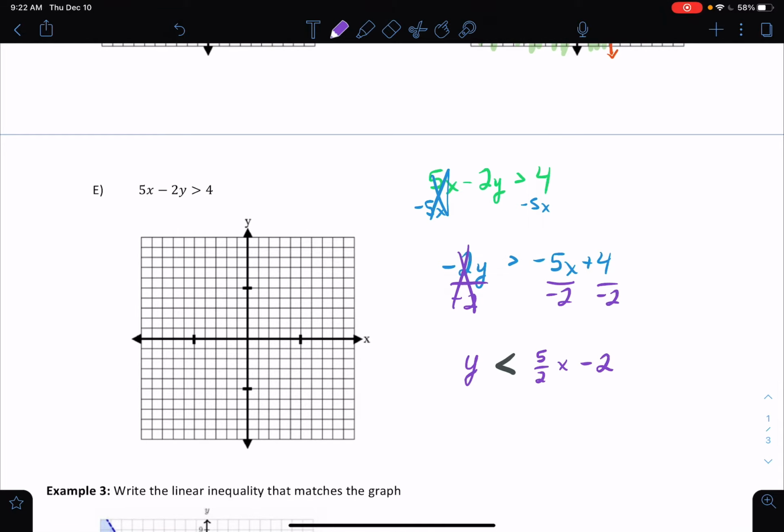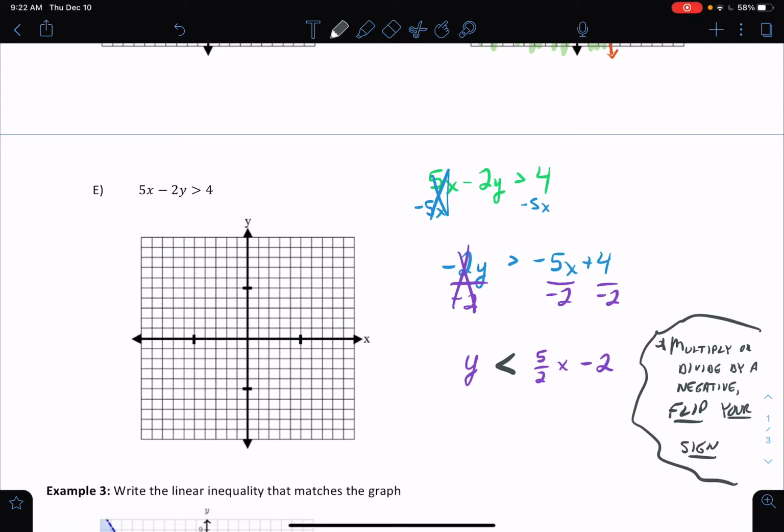So remember, if you multiply or divide by a negative, flip your inequality symbol. Remember that. Okay, still applies here.